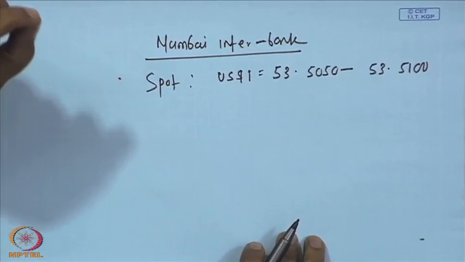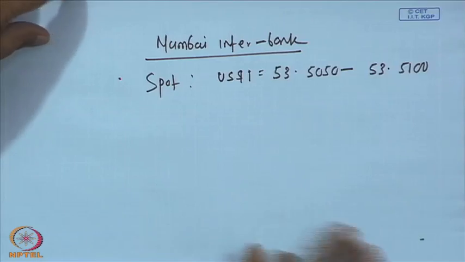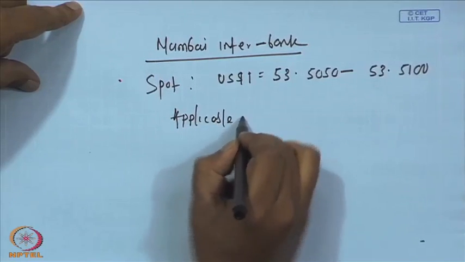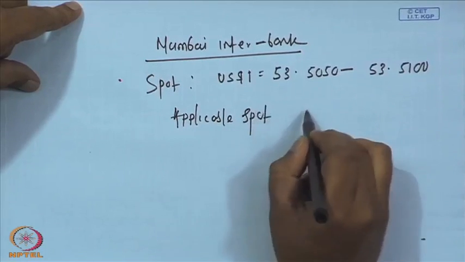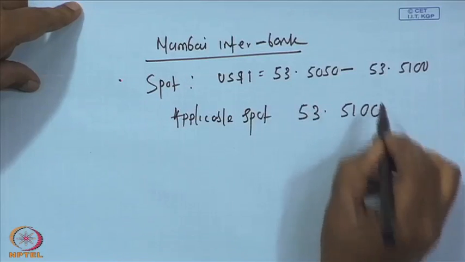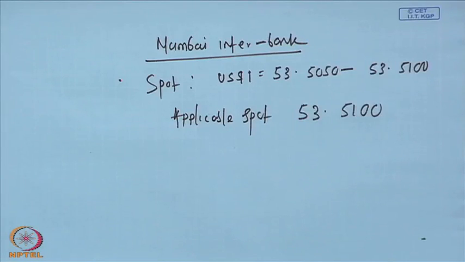Here the importer needs to purchase US dollar, so the authorized dealer has to charge more. So the applicable spot will be 53.5100, correct.